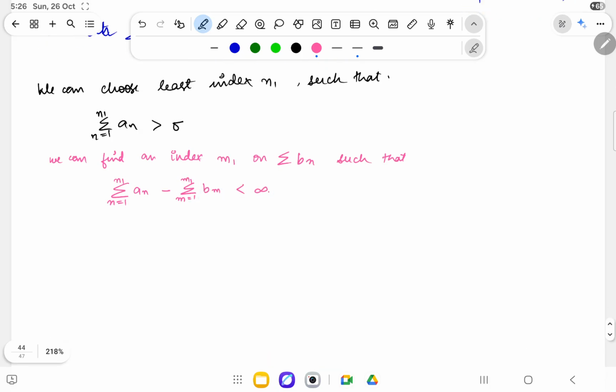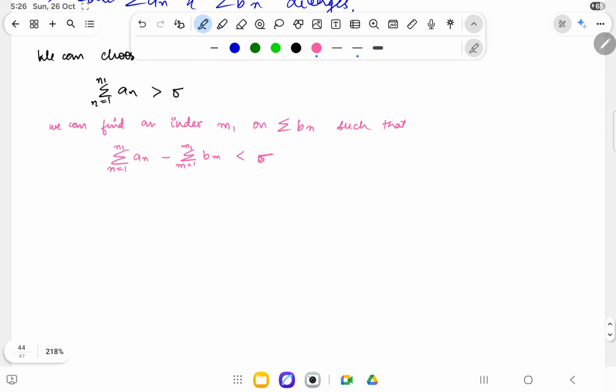That is because bm is also a positive term series, so we can get some index m1 such that the difference of these two is less than sigma. Again, because I made the summation less than sigma, I can find another index n2 such that this sum can again be made greater than sigma.